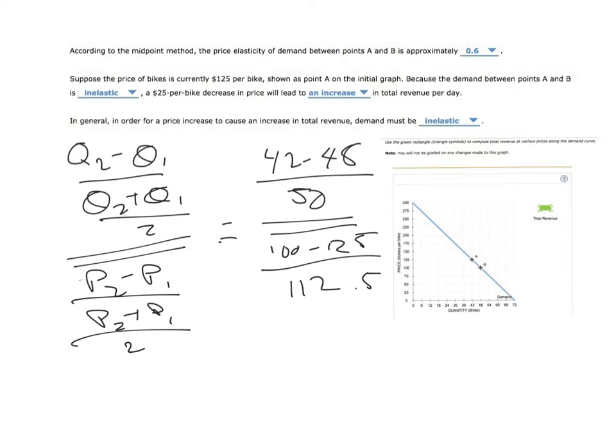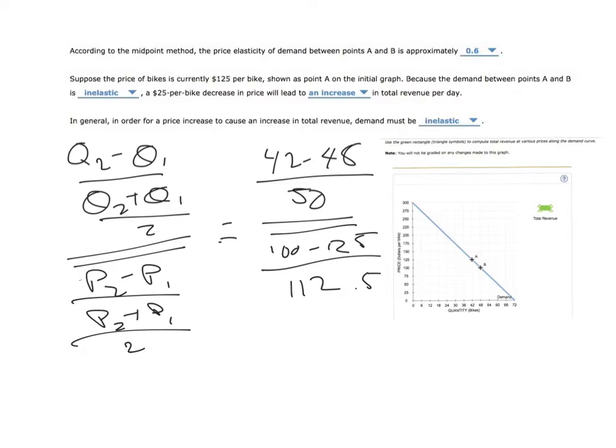The next part of this question asks us to figure out, by using the midpoint method, what the price elasticity demand is between point A and point B. So go back to that demand curve, and at point A and point B, what happens? So we actually know the answer already because we figured that out, right?